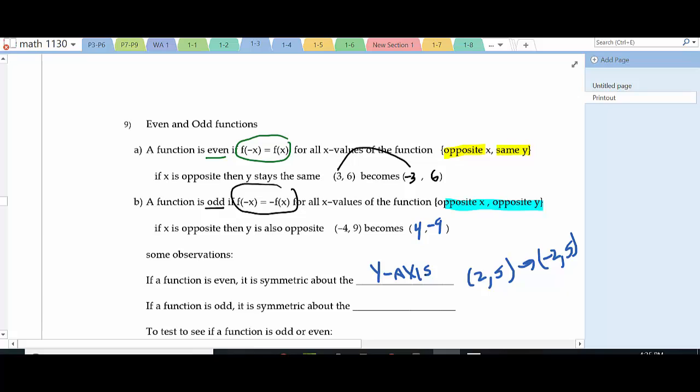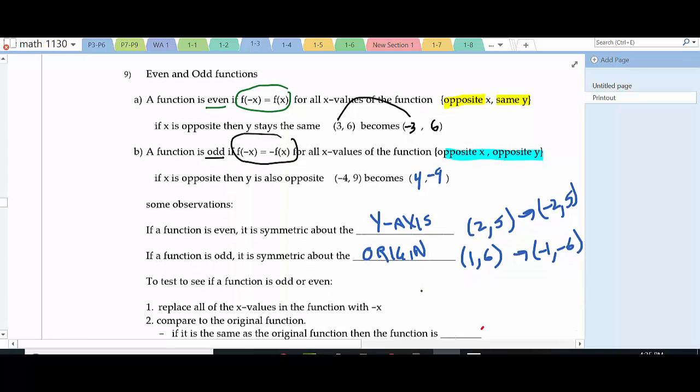Here's an example of an odd function. Say that you have the point 1, 6. That would change to -1, -6. What is that? That's the origin, right? So you're relating those symmetries. Odd functions are symmetrical about the origin, even functions are symmetrical about y. It's the same basic idea. Any question about that?